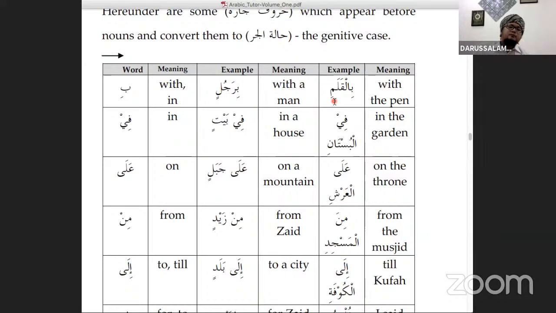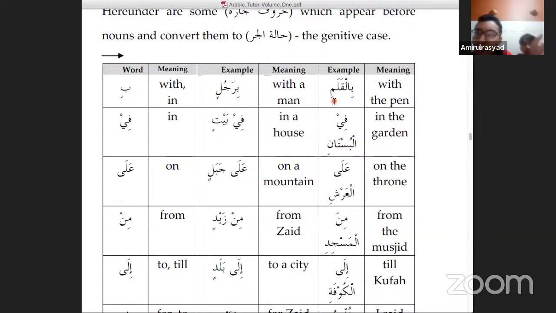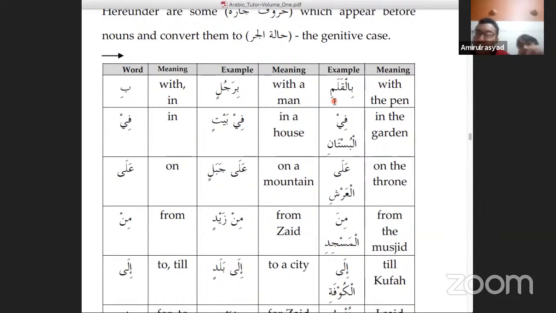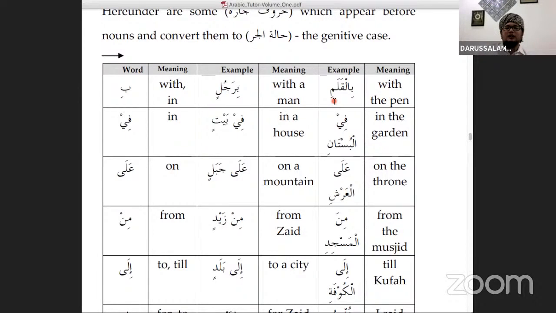Okay, continue. Read from the beginning. Bi. Just read. Bi, with the pen. Read everything from the start. Bi rajulin, with a man.